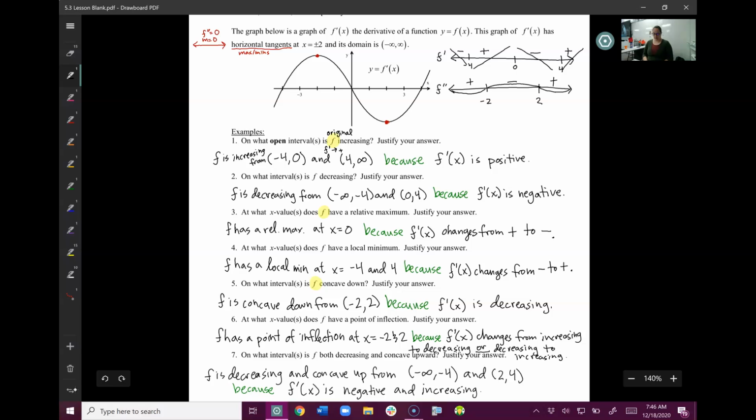So I know the original is decreasing because the derivative is negative, and the original is concave up because the derivative is increasing. We're always referencing what we know, what's been given, not our number lines.